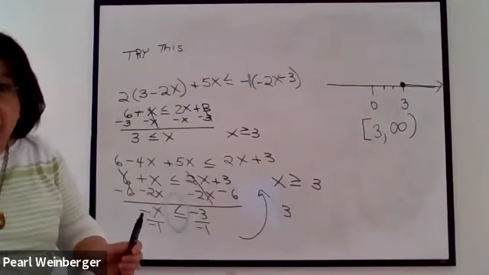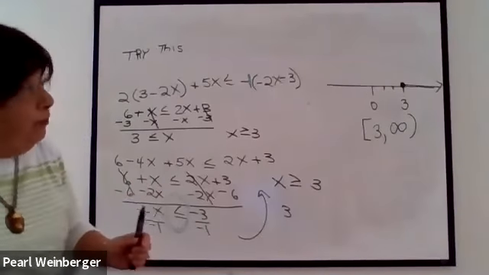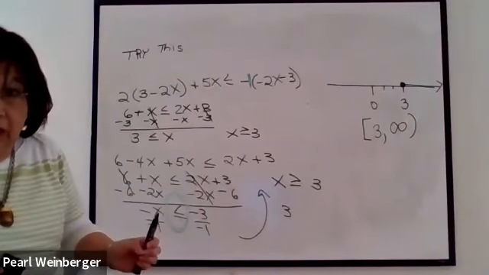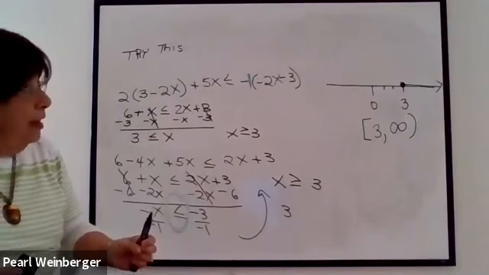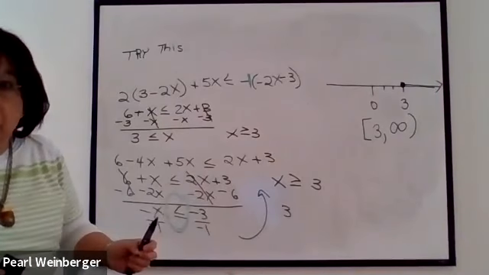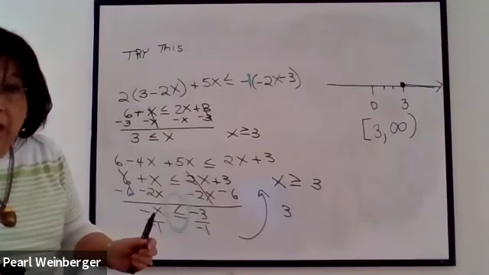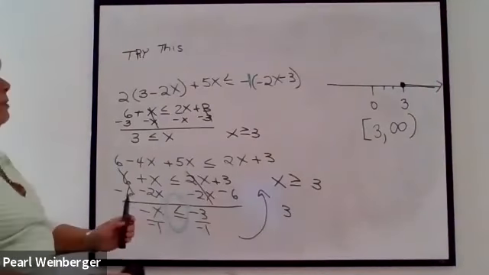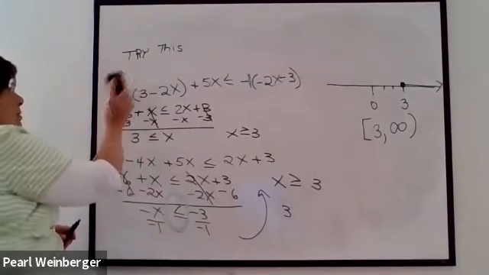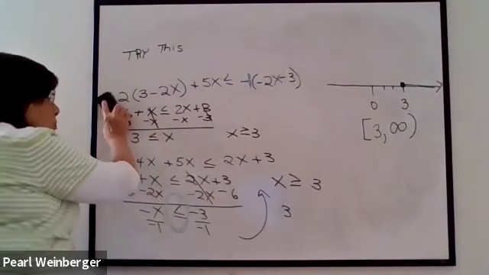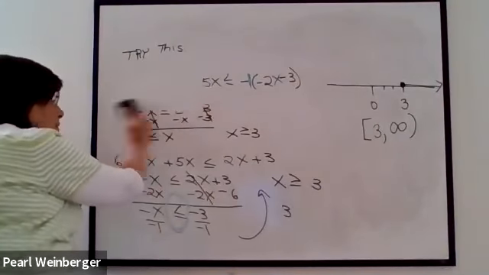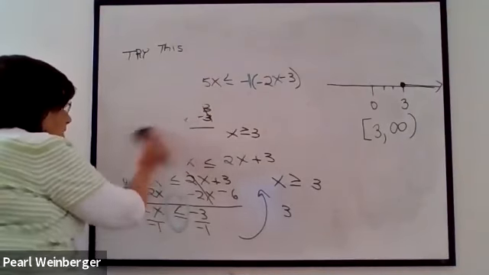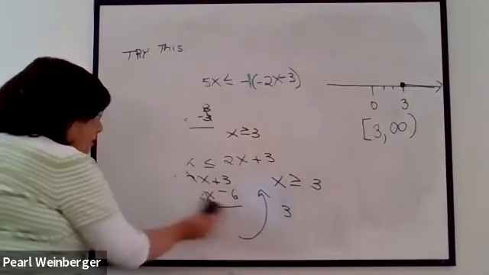Should we try another one? I'm going to put another one on the board, and as you're doing that one, I will take attendance, and then we'll go over that next one, just again to make sure we're clear on this, because those little mistakes can mean the difference between getting the question right.